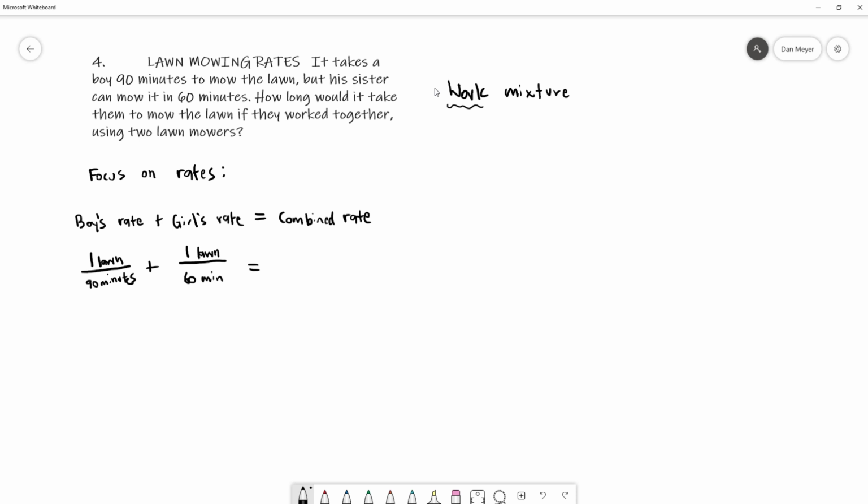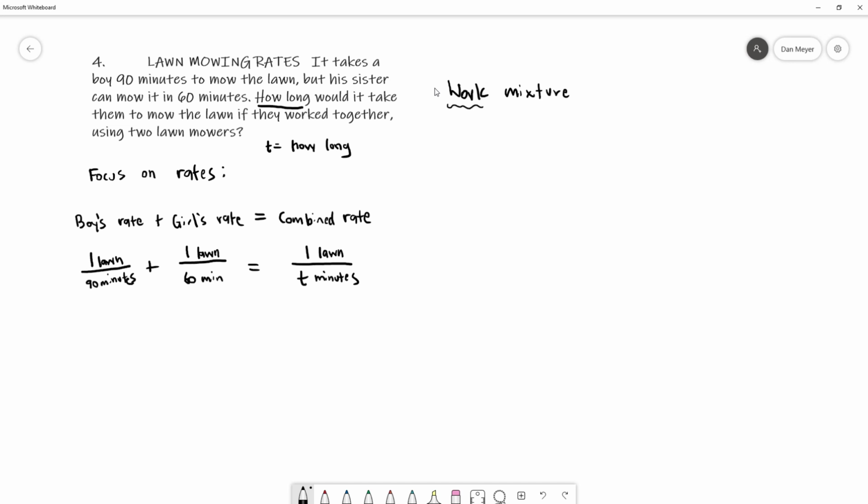The combined rate would be 1 lawn in some unknown number of minutes. Okay. Now I guess here, how long? Okay, so t is the how long, the answer to how long. The time worked by the pair.